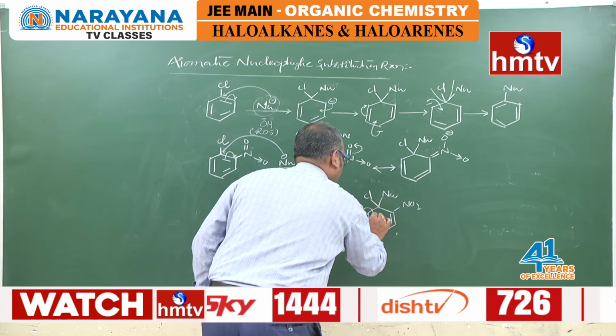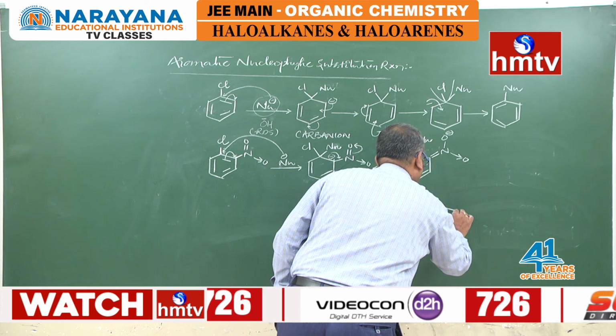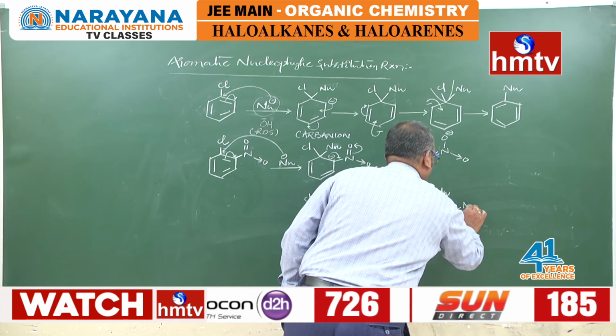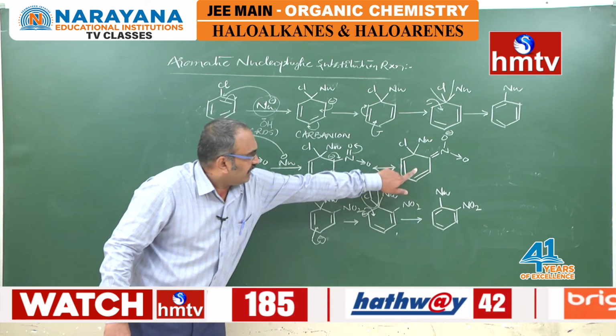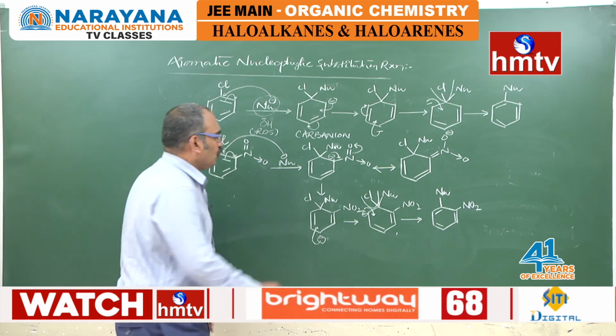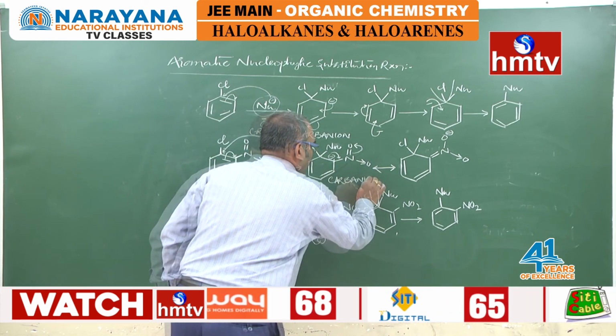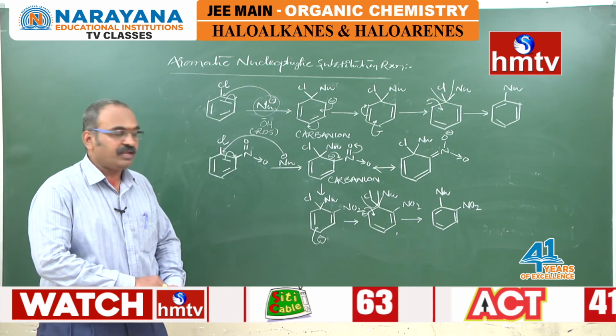When this negative charge moves in, Cl minus goes out. So clearly this additional resonating structure is stabilizing the carbanion to a great extent and making the reaction easier. That's why the conditions are eased up.